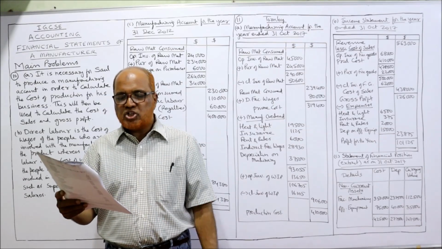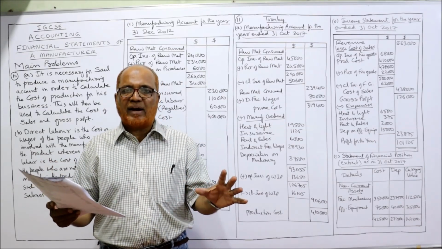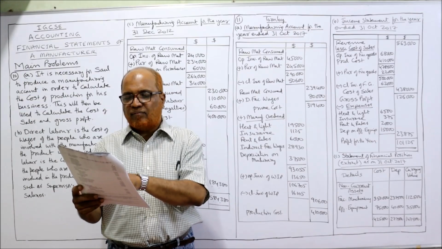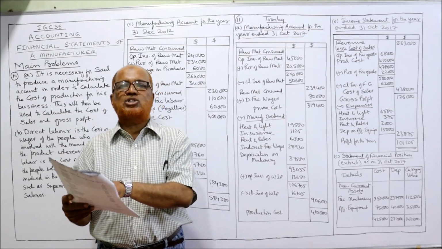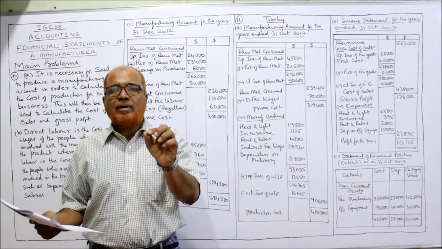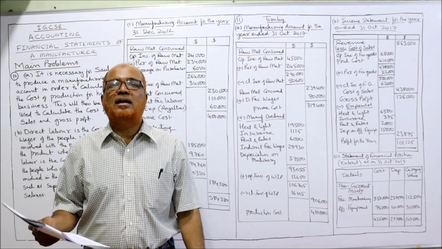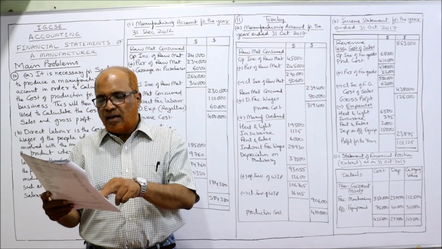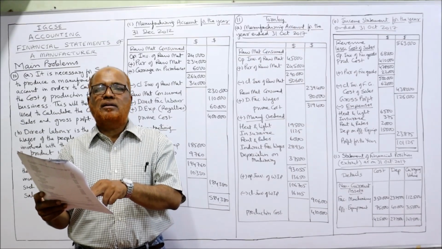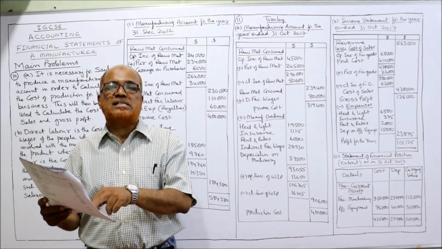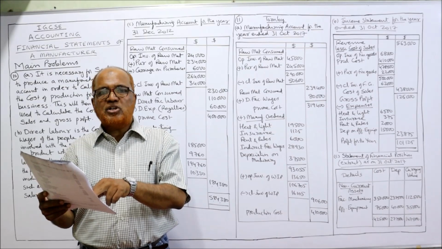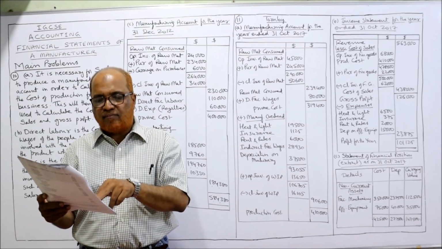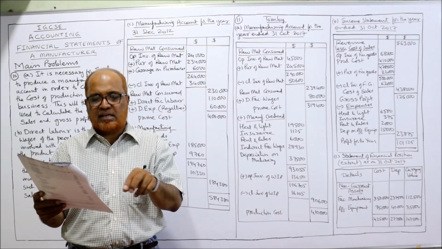Then factory machinery. Machinery is there in the factory. The cost 3,50,000, accumulated depreciation 2,00,000. This information is given to calculate depreciation on factory machinery. Then office equipment. This is also one of the non-current assets. So factory machinery is a non-current asset and office equipment is a non-current asset.